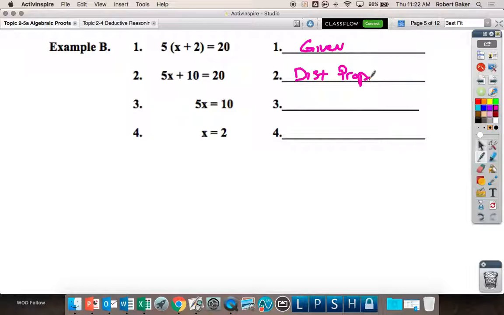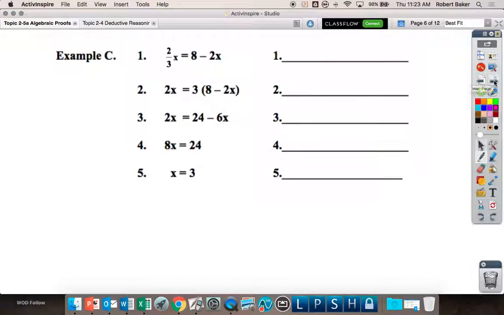And then why is 5x equal 10? Does this seem like a cakewalk for you guys? You're just explaining what algebra is taking place.